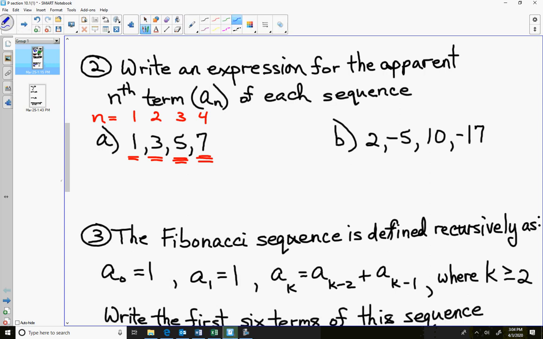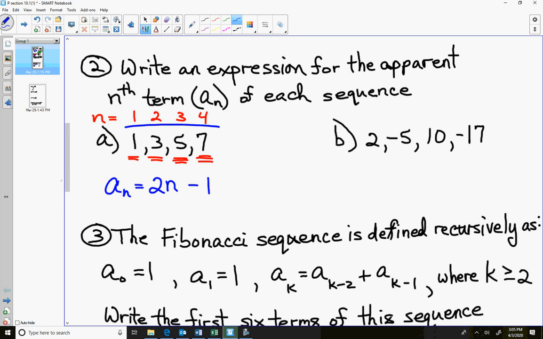And if you will notice that, in this case, since I don't have anybody to ask and try to get feedback, I'm just going to tell you. If you just took each of these values up here for n and multiply by 2 and subtract 1, you get the number below it.